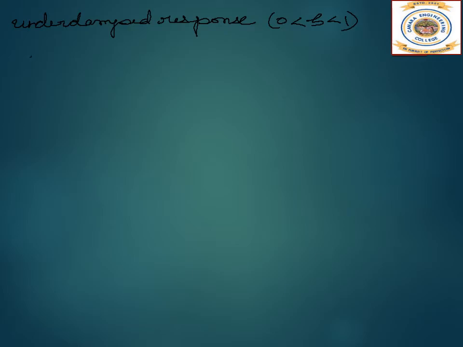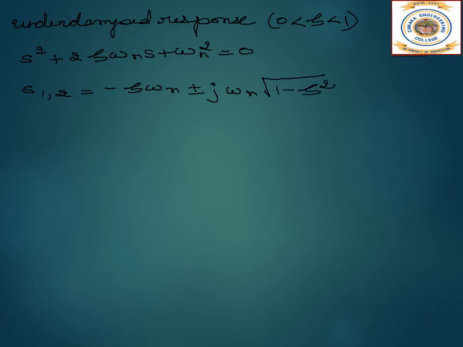Considering the characteristic equation s square plus 2 zeta omega n s plus omega n square equal to 0, you know the formula to find the roots of a quadratic equation. Applying that, you get two roots. I will write them together as it is a complex root: minus zeta omega n plus or minus j omega n root of 1 minus zeta square.